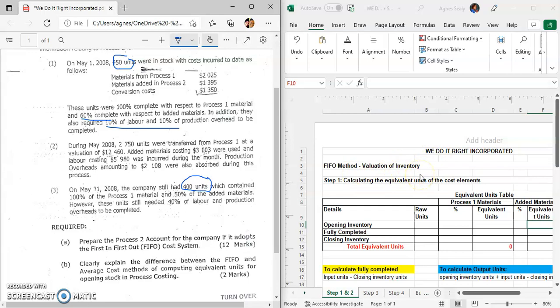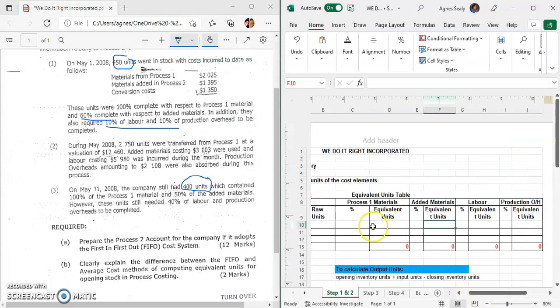Now, our first step is calculating equivalent units of the various cost elements using the equivalent units table. How would you know what to put in the table in terms of the cost elements? You look at the question, because here they talk about process 1 material, added materials, and labor and production overhead.